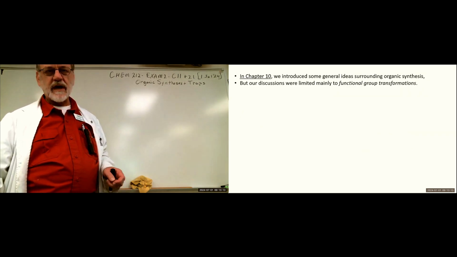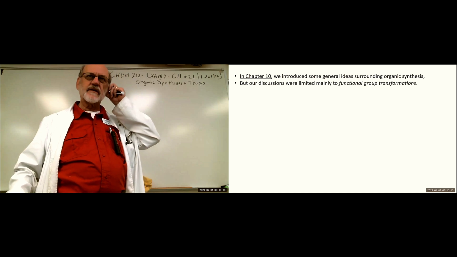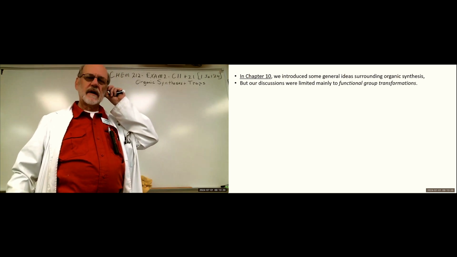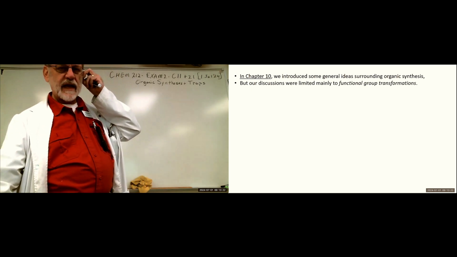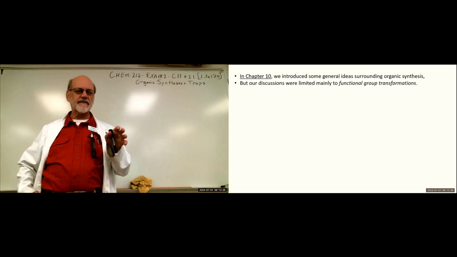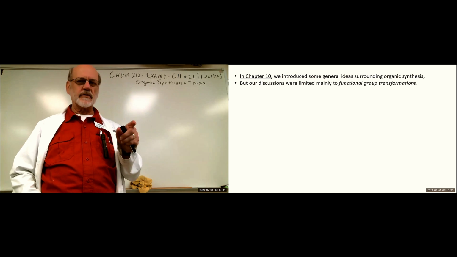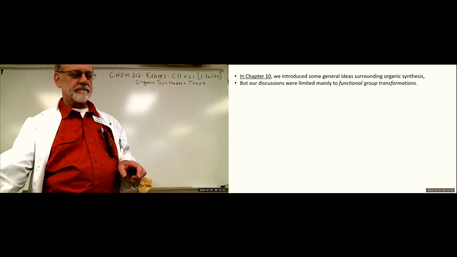All right. So in chapter 10, we introduced the general ideas surrounding organic synthesis in multiple steps. We did talk a little bit about modifying the carbon skeleton, but most of the reactions we discussed were functional group transformations.